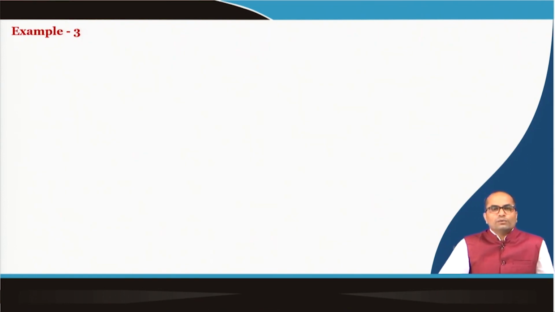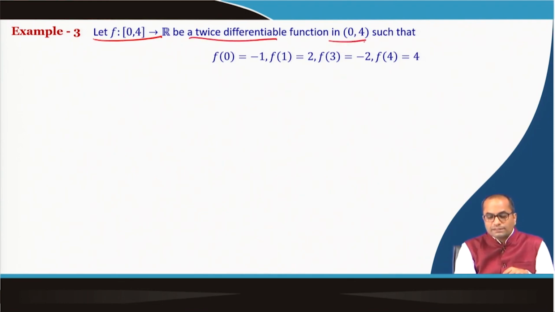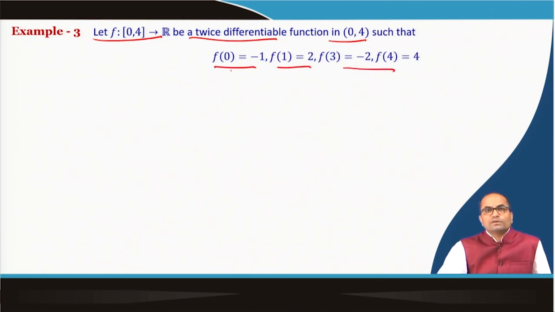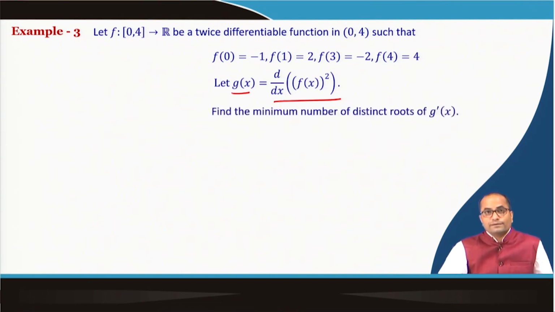Okay. Well, another example where we have a function on 0 to 4, twice differentiable in this interval 0 to 4, such that some values are defined here: f(0) is -1, f(1) is 2, f(3) is -2, f(4) is 4, and then we have this function g(x) equal to d over dx of (f(x))^2.